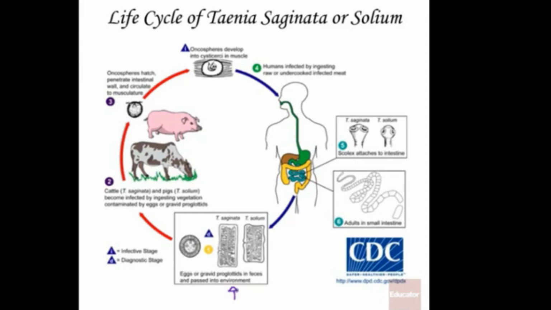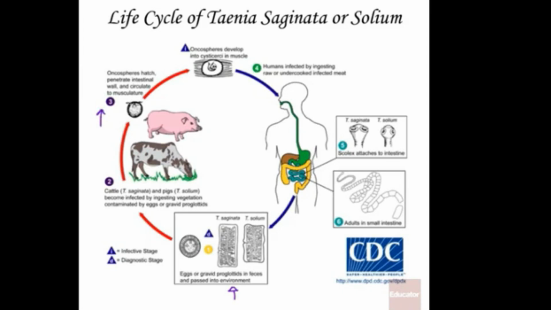Now we know, for instance, in tropical environments where sanitation isn't very good, quite a large proportion of the population basically defecates in the environment. So if it's a rural area, the cattle and pigs can become infected by ingesting vegetation that has these proglottids. And remember, each of them has eggs.